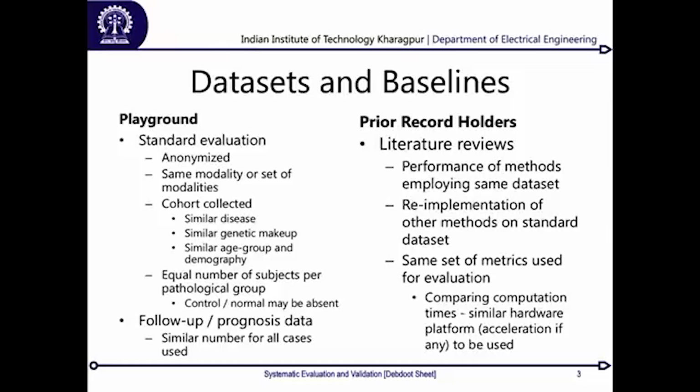That's the point where you need to understand what baselines you are going to use. Now let's get into the first part, which is your playground or the data set. If you look at the data set part, then we have very standard paradigms of evaluation.